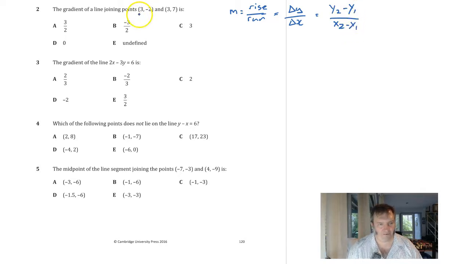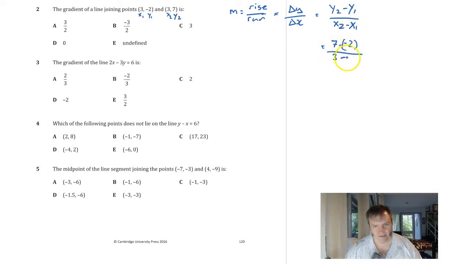Remember, label your points so you don't accidentally do them in the wrong order. x1, y1, x2, y2. So if I substitute those into this rule, y2 is 7 minus -2, and x2 is 3, and x1 is 3.